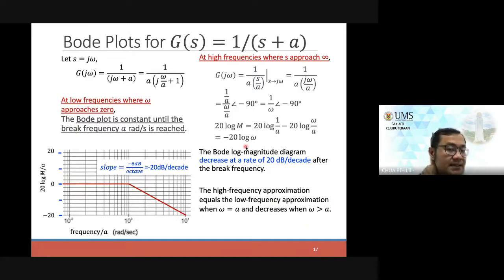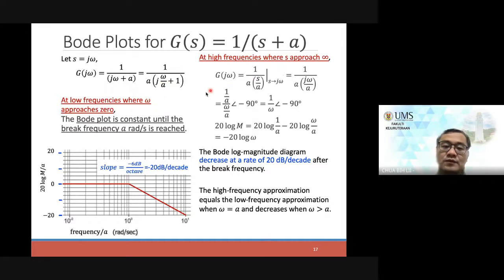Next would be the second type of transfer function, when we have the denominator, 1 over s plus a. For these conditions, the plotting is actually the reverse, because from 1 over the same polynomial, when we put it in, you realize that it becomes minus, meaning to say reducing.